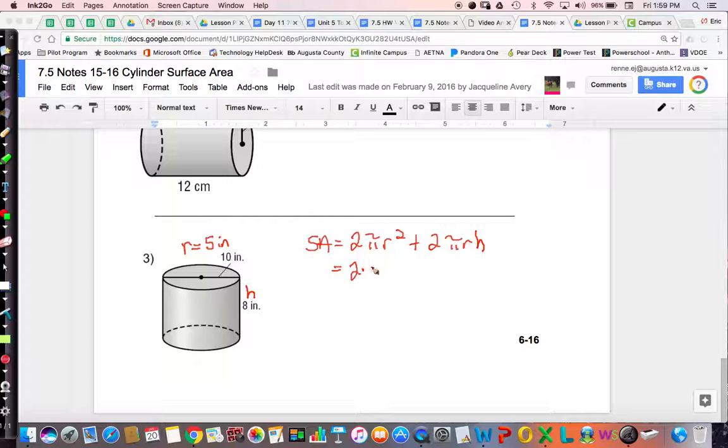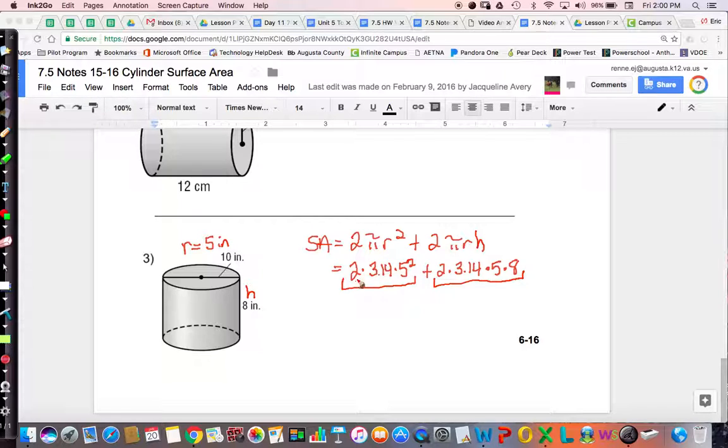So 2 times 3.14 times 5 squared. And then I'm going to bracket that in. Plus 2 times 3.14 times 5 times 8. And I'm going to bracket it in. Now, quick review once again.